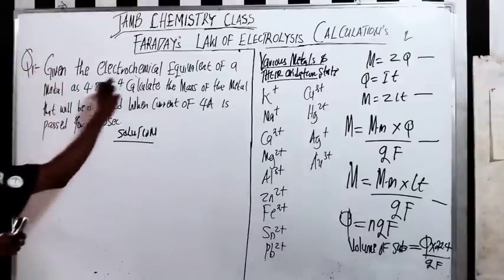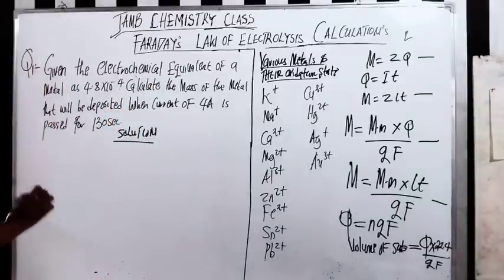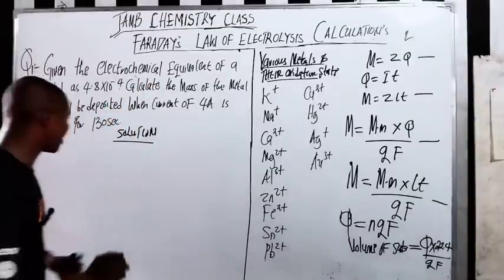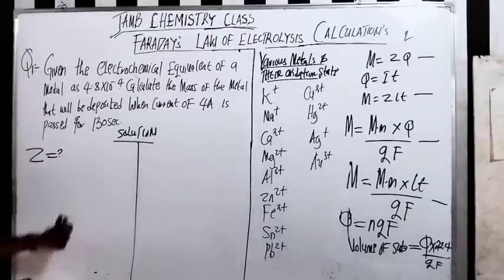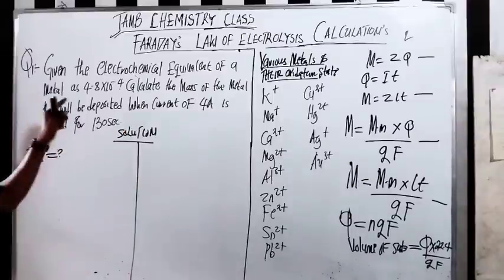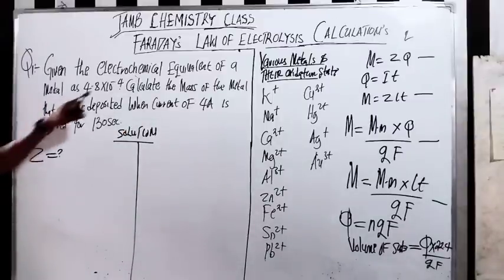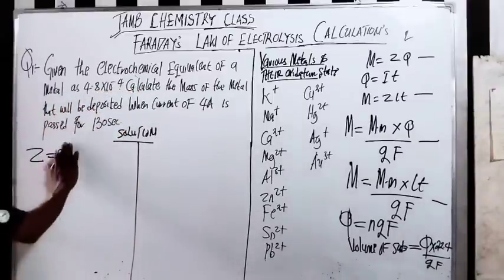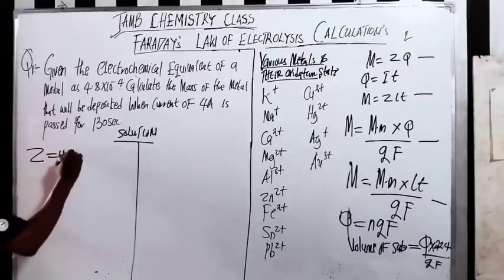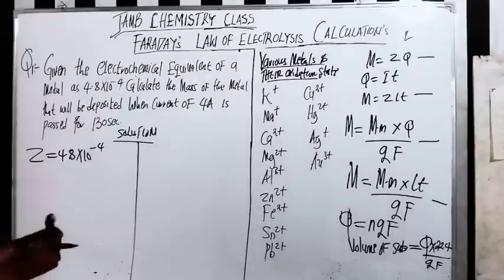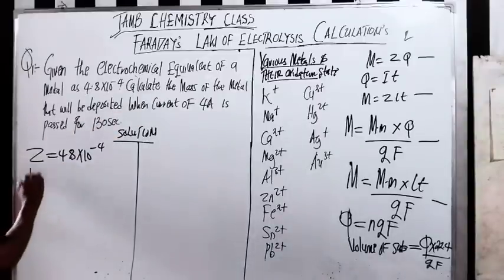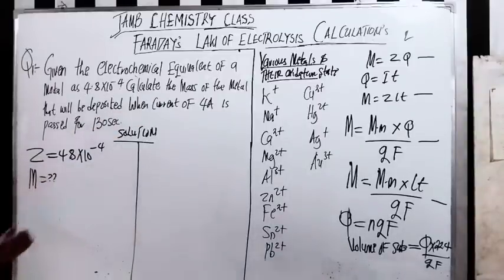Electrochemical equivalent is Z, so we have Z equals 4.8 × 10⁻⁴, no units. We are calculating the mass of the metal.